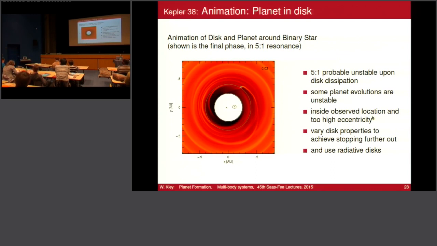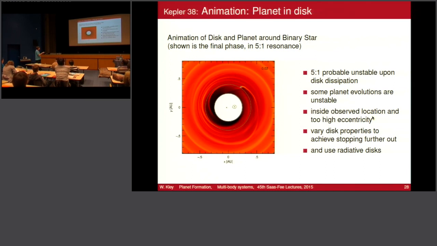So if you are captured here, that's also what simulations by Arnaud Pierens and Richard Nelson show, you can be potentially captured in higher order resonances. I think they saw 6-to-1, we saw here 5-to-1, and for a massive planet sometimes they saw also 4-to-1. That means the planet does 1 orbit and the binary does 5 orbits. This is what 5-to-1 means here. So we see this capture into resonances.